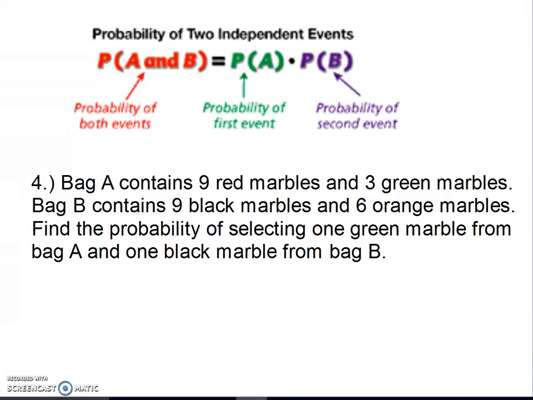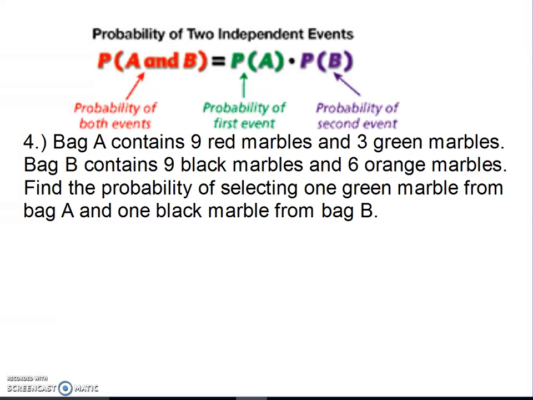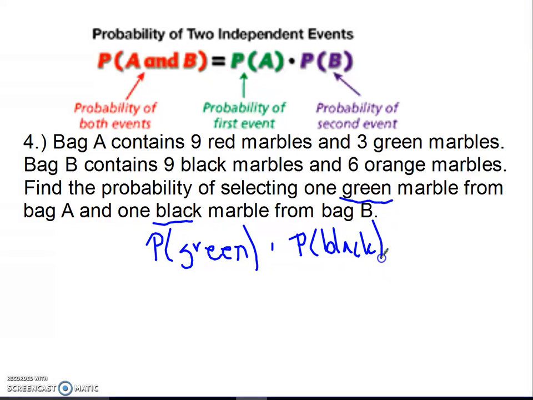Find the probability of selecting 1 green marble from bag A and 1 black marble from bag B. So the first event is a green from bag A, and the second event is a black marble from bag B. In bag A, there are 3 green out of a total of 12. 3/12 simplifies to 1/4.